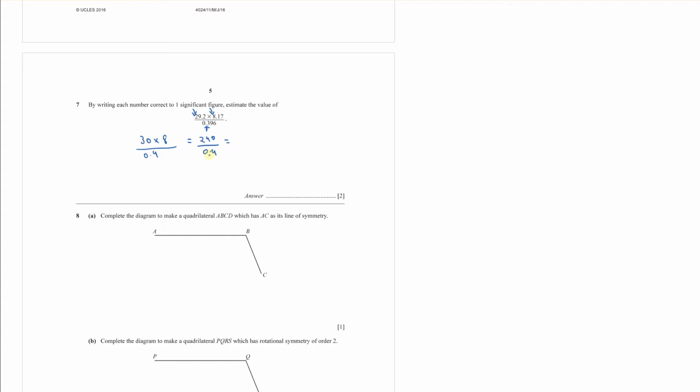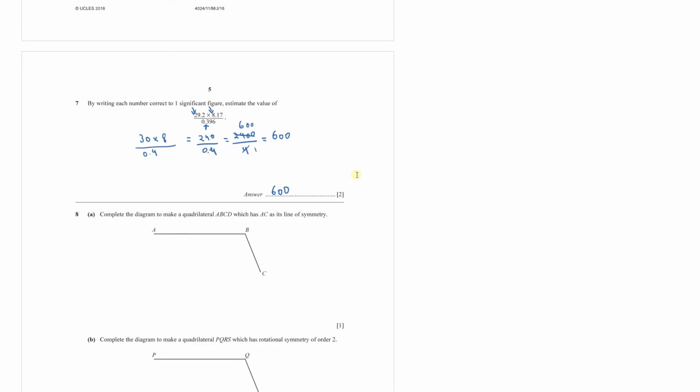So I can remove the decimal, so I can multiply the numerator and denominator by 10. So I get 2400 by 4 just to make the division easier. And then 4 times 1, and then 4 times 6 is 24, 600. So the value of this expression is 600.